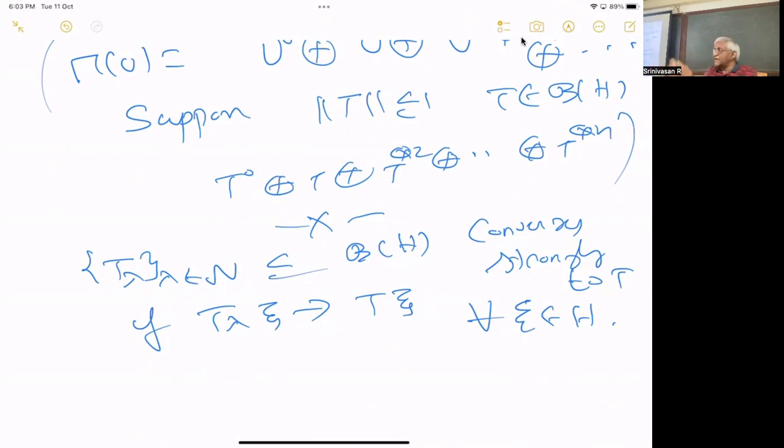T_λ converges to T. Like you can define continuity in terms of nets also. The evaluation map is F of T equals T of ξ. I agree, but it's a map on B(H). But it need not be continuous, no?